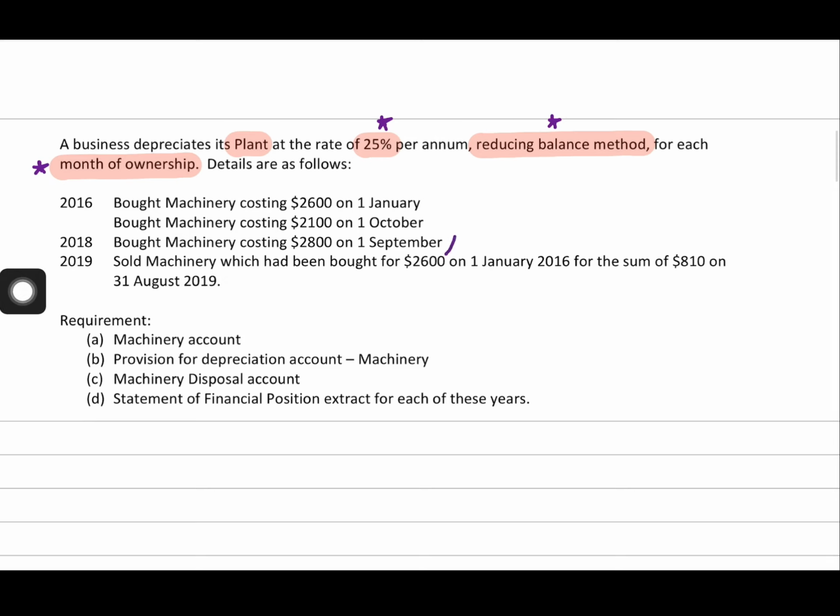So this one which was purchased on 1st January 2016 for the sum of 810. What is this? This is the disposal proceeds. I am receiving 810 against this sale of non-current asset, and this was sold on 31st of August 2019. So this is the disposal date.